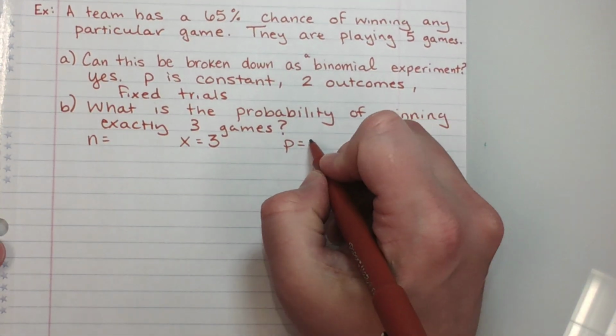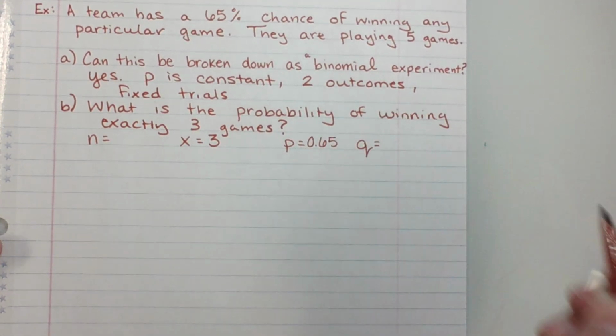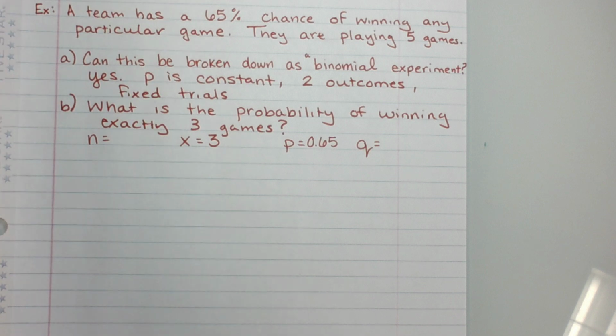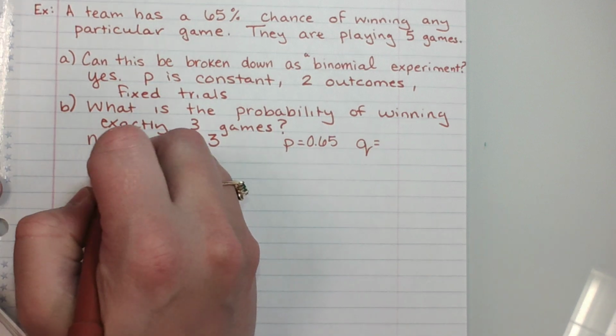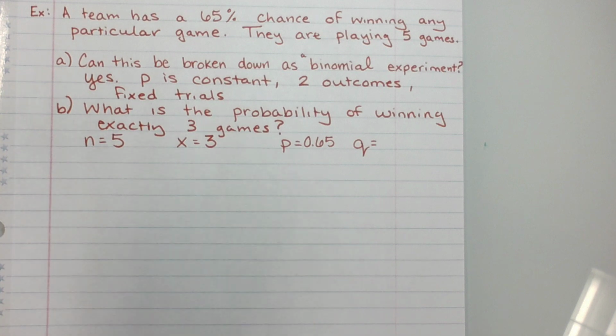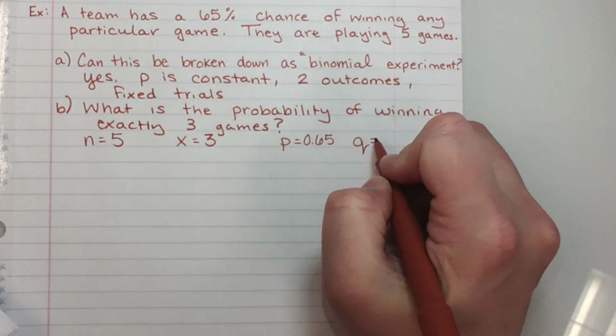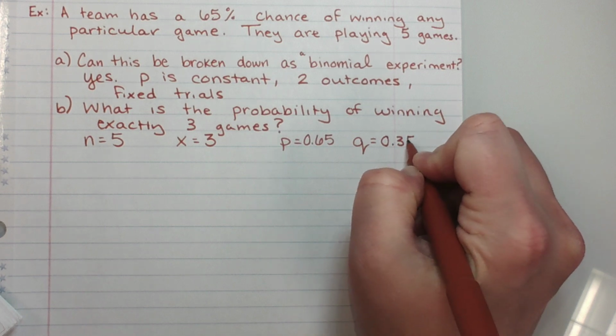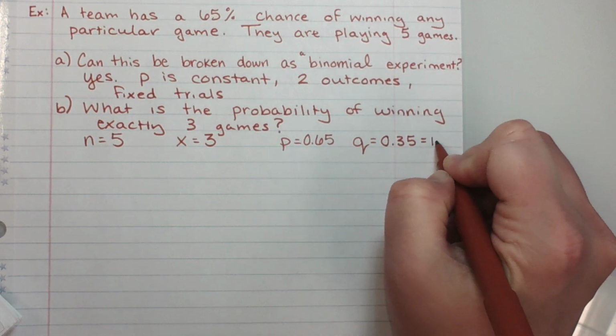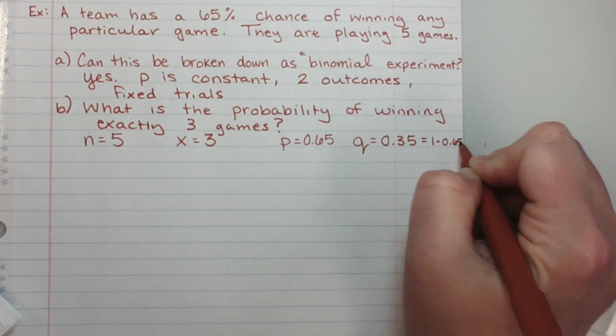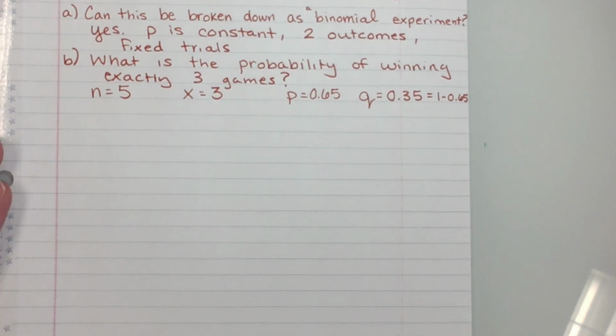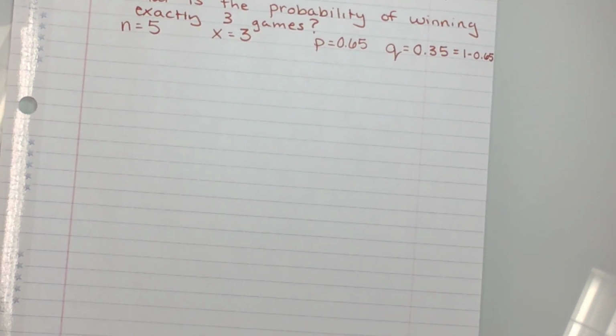P is 0.65. Harmony, could you give me either N or Q? N is 5. Caleb, what's Q? 0.35. How'd you get it? 1 minus 0.65. Correct. That's the only one you actually have to do a little bit of calculations on. That's why I asked for the clarification.